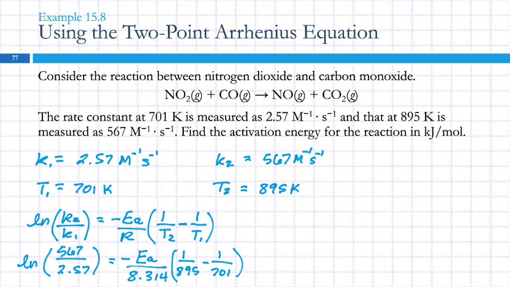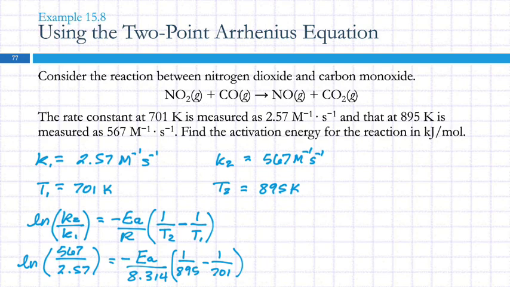So 567 divided by 2.57, e to the x. Nope, wrong already. Try that again.